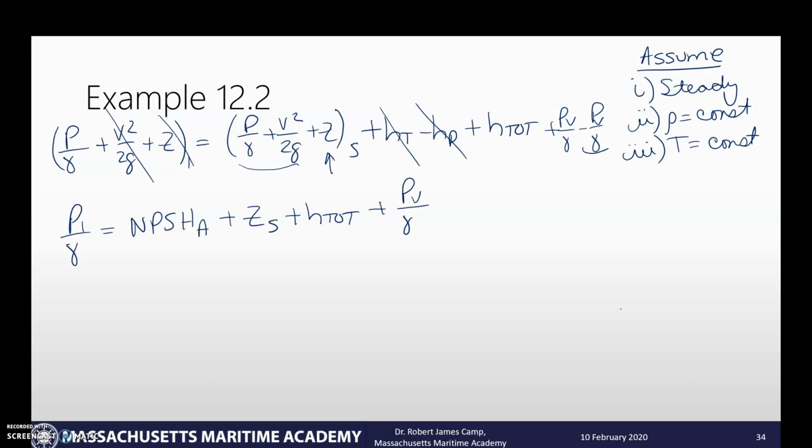So now if I rearrange all of this, actually, let's not write it that way because we're actually trying to find Z height. So let's move the other stuff over. So the height of my pump is going to be equal to pressure over gamma minus net positive suction head available minus H total minus the vapor pressure head.